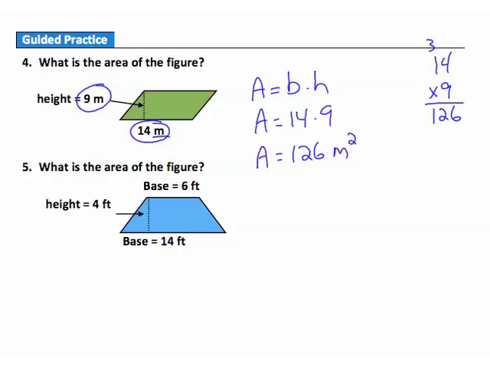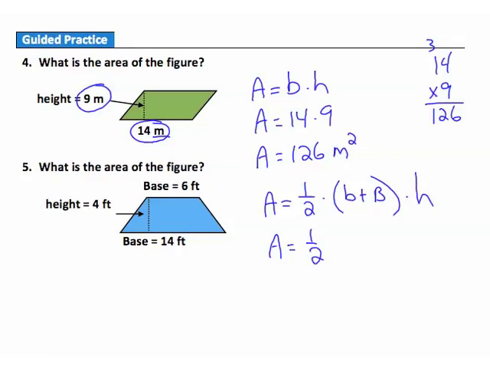Question 5. What is the area of the figure? Well, here we have just one set of parallel sides, so this figure is a trapezoid. So we're going to write down the formula for the area of a trapezoid. 1/2 of, and we're going to have these two bases that we're adding together, and then we're going to multiply it by the height.